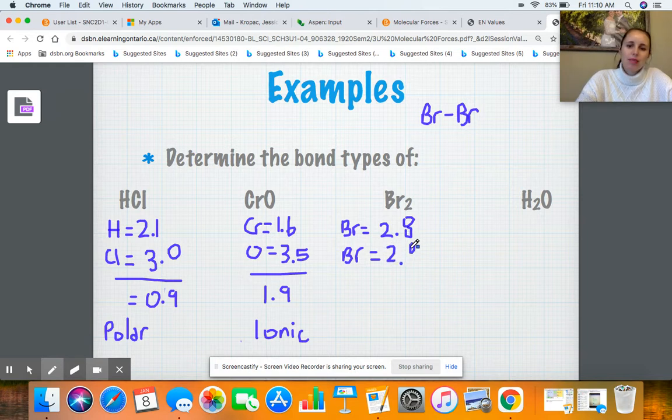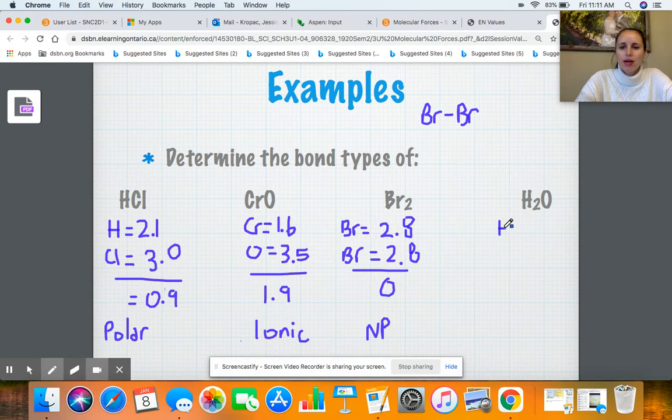So if I take bromine minus bromine, I'm going to get an electronegativity difference of 0. They're the same number. So this is going to be an example of a nonpolar bond. In fact, anytime I have a diatomic element, the same element in a bond, it's always going to be a difference of 0. It's always going to be a nonpolar bond.